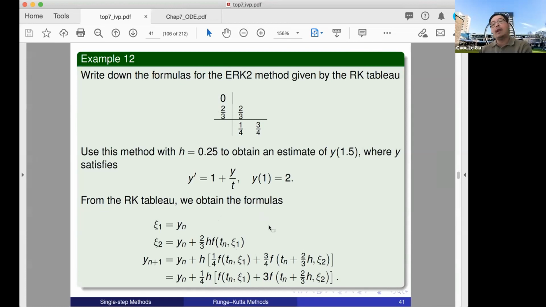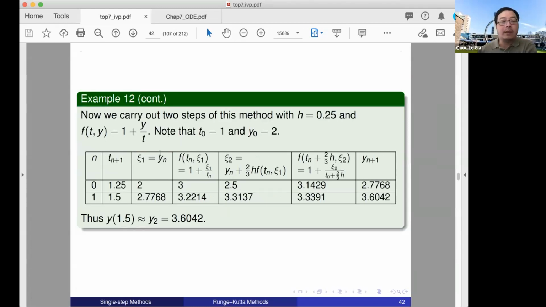You can write down a little script. We did it in the lab yesterday, the RK2 method. You can use that script or you can compute by hand to carry out 2 steps, to see whether your method is correct. You compute this table to see whether you entered the formula correctly, because sometimes you have small typos, and then the method doesn't work.